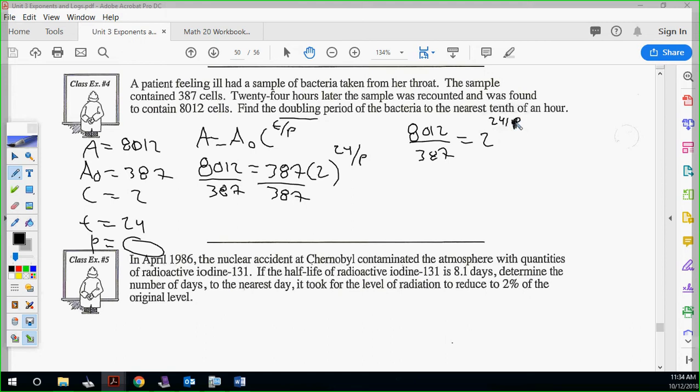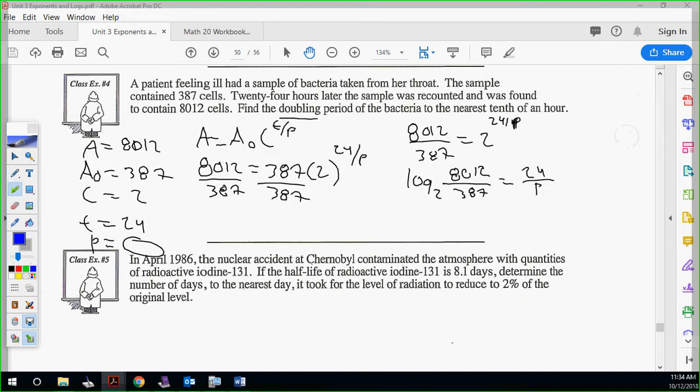So what we're going to do is go log base 2 of 8012 over 387 equals 24 over P. And we're going to want to flip that, right? Do you remember this from your Math 10, or Math 9?